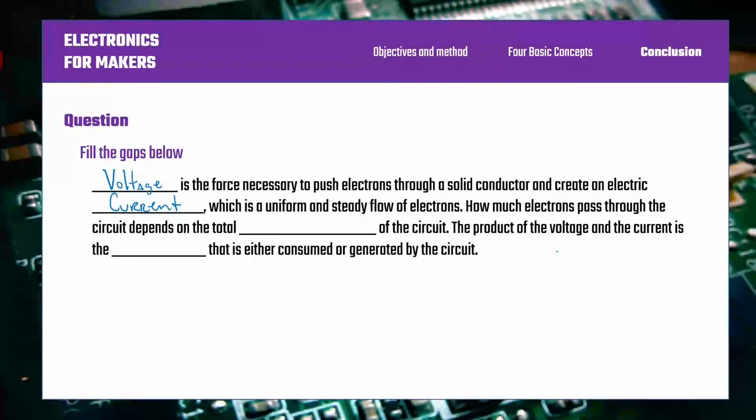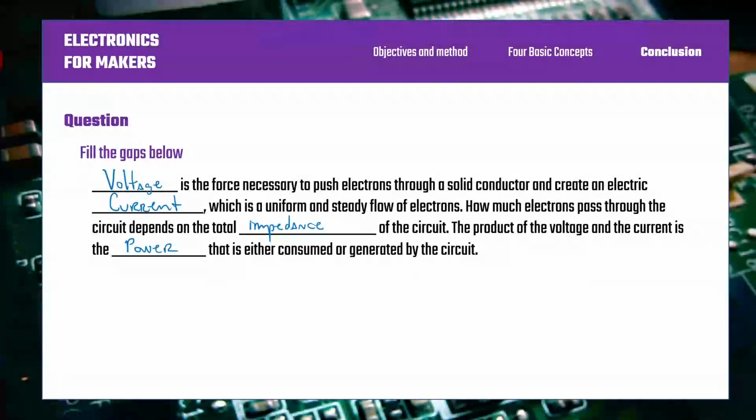And the amount of electrons that can pass through the circuit depends on the total impedance or resistance of the circuit. And the product of the voltage and current is what we call the power that is either consumed or generated by the circuit. Well, always consumed basically, but transformed to generate something else.